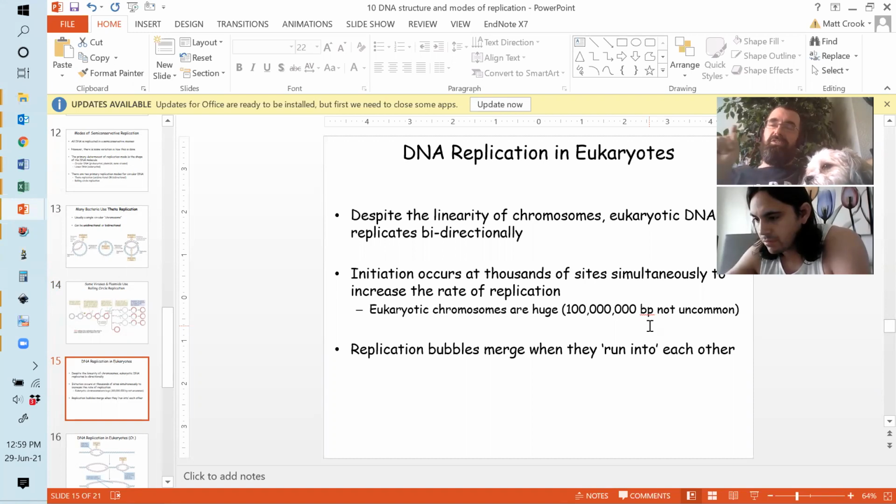If you only had one origin of replication, that would take forever to replicate the whole chromosome. It takes long enough as it is. S phase is a big chunk of interphase because it takes time to do all this and do it properly. And so as a result, eukaryotic linear chromosomes have multiple origins of replication.